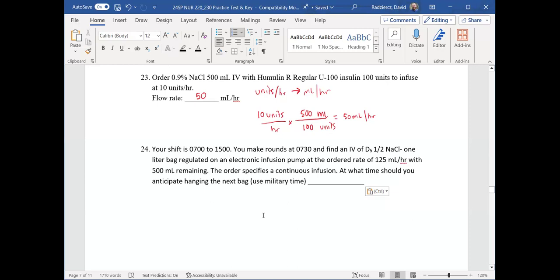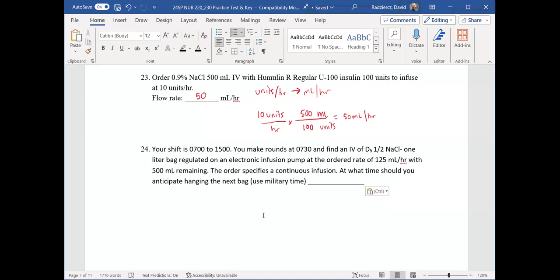It says your shift is to start at 0700, which is 7 a.m., and then it ends at 1500, which is 3 p.m. You're making your rounds at 7:30 a.m. and you find an IV of dextrose 5% half normal saline, 1 liter bag, regulated on an electronic infusion pump at the ordered rate of 125 milliliters per hour, and there's 500 milliliters remaining.